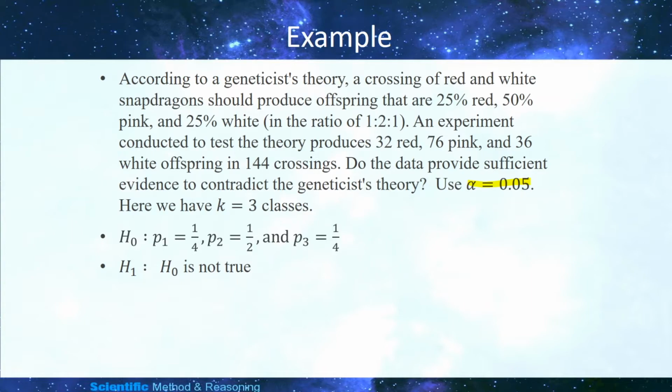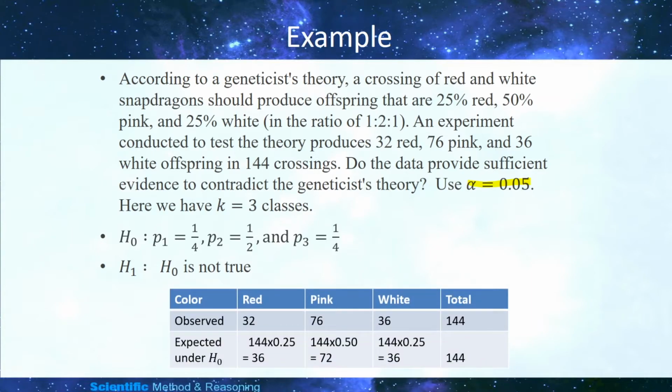And here is the data. We have O1 equals 32, O2 equals 76, and O3 equals 36. The expected frequency under the null hypothesis, E1, would be 36, which is n multiplied by the hypothesized value, a quarter: 144 multiplied by a quarter equals 36. E2 is n multiplied by p2 naught, which is 144 multiplied by 0.5 equals 72, and E3 equals 36.